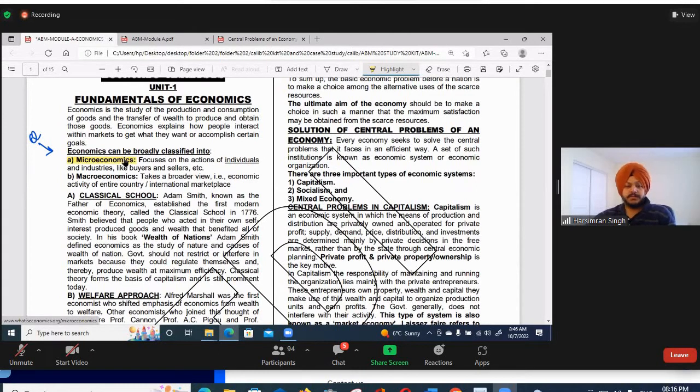It comes every time. Microeconomics focuses on the actions of individuals and industries like buyers and sellers. So the chapters like demand, supply, elasticity, these are all in microeconomics.